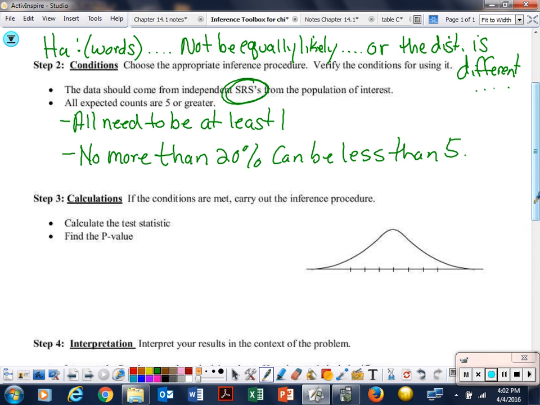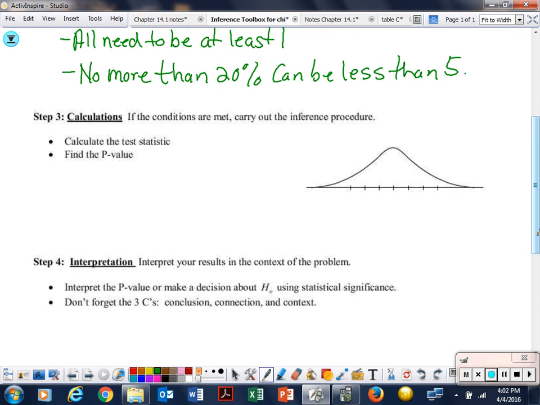All right, calculations. Again, we're going to do the chi-square, which is observed minus expected, squared, divided by expected. Once we have that figured out, we will then be able to find our p-value. Again, I'm going to show you on the calculator what you can do for the p-value.